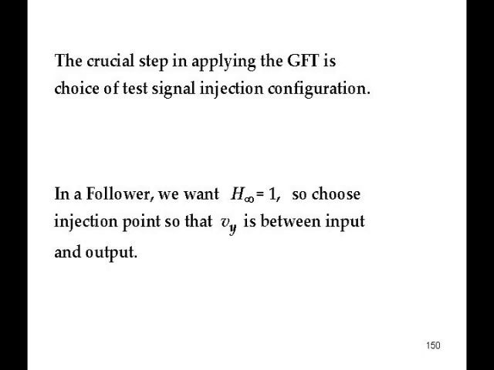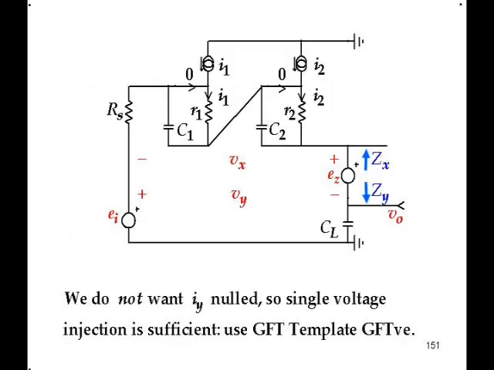So we want to choose an injection configuration that will make HIY, VY, whichever one we want, equal to 1. So choose an injection point so that the Vy is between input and output. So if we null Vy, we will get unity voltage ratio. That's why we choose an EZ injection with the labeling as shown here.